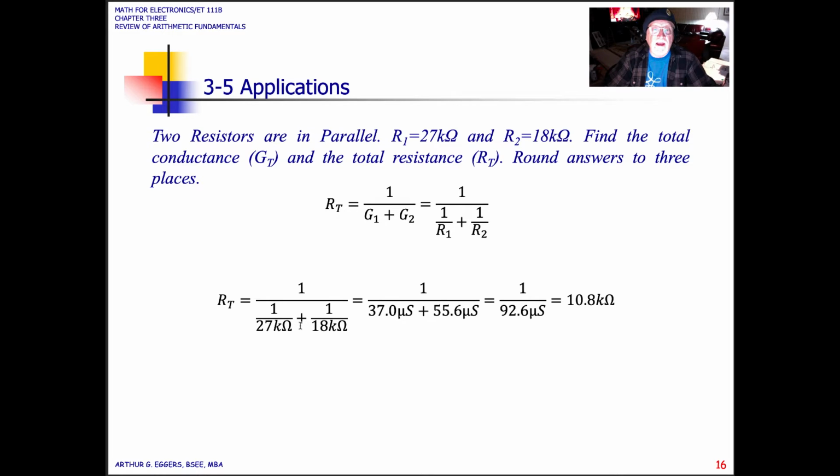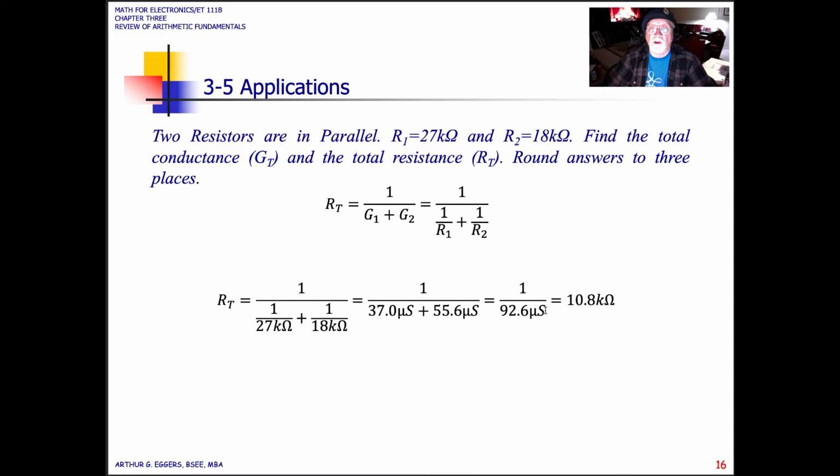And what we get, if you look up here, is the conductances. So we went from ohms, which is resistance, to a value called a Siemens, S, for the conductance. Now if I sum the combined value of those two resistances inverted, I get 37 microsiemens plus 55.6 microsiemens, which gives me a total conductance of 92.6 microsiemens.